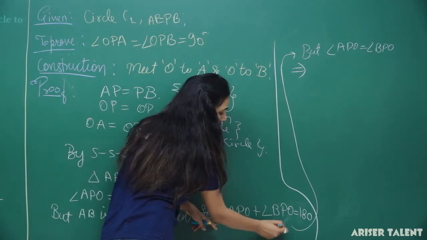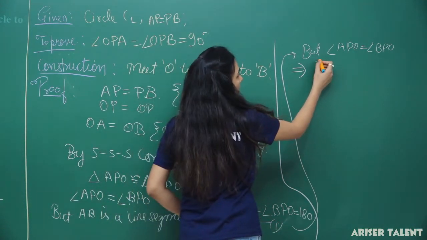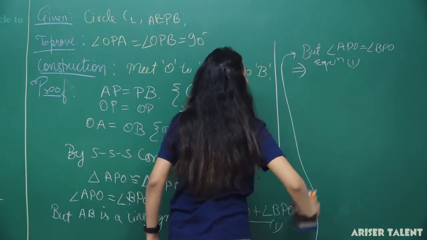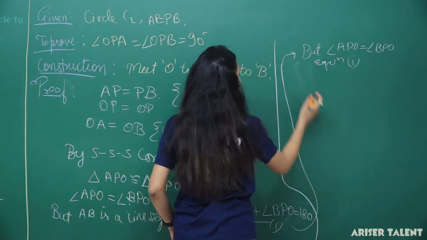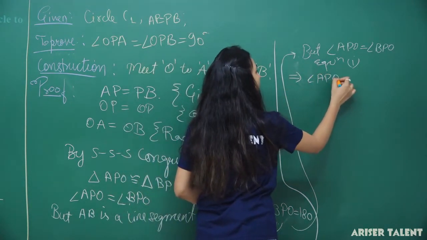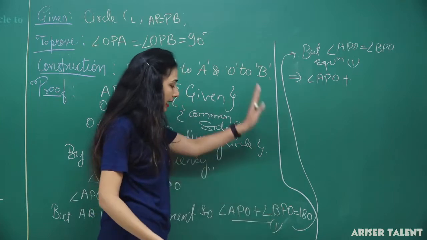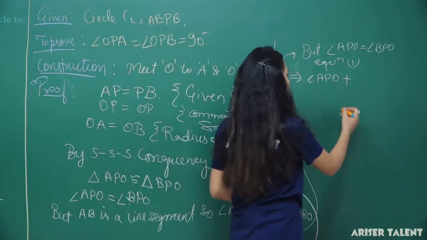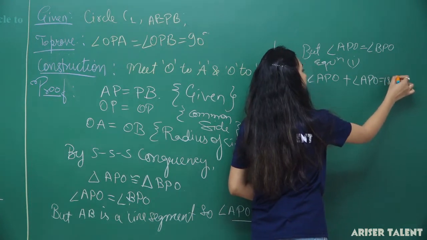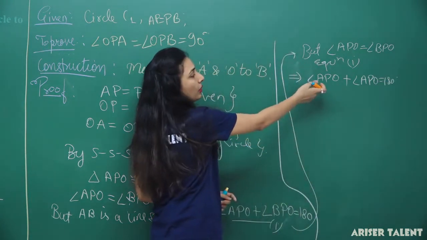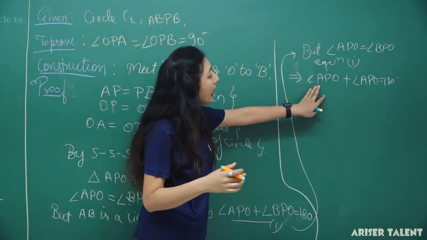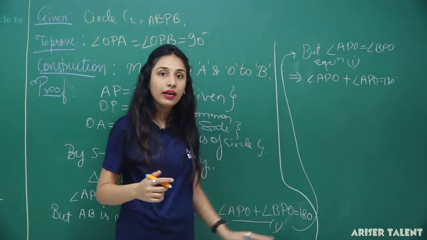it will be equal to angle APO plus angle APO, and I will replace angle BPO by APO. I can do that because these two angles are equal. So two times angle APO equals 180 degrees, and for one angle, angle APO will be equal to 180 by 2.